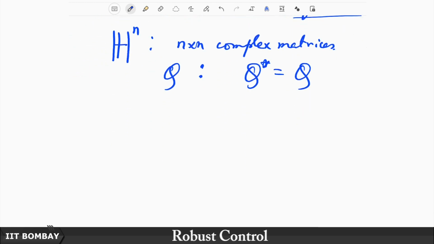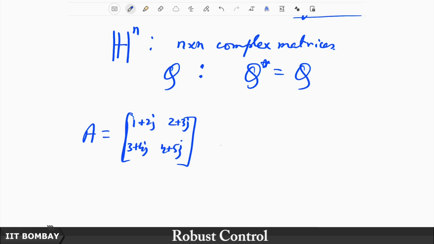So, just to illustrate through an example, if I say that my matrix A is 1 plus 2j, 2 plus 3j, 3 plus 4j, 4 plus 5j, right, then my A star will not just have individual entries conjugated as complex numbers, but also we will have to take the transpose. So, of course, the diagonal entry does not change position, only gets conjugated. The off diagonal entries, because it is a 2 by 2 case, get flipped.